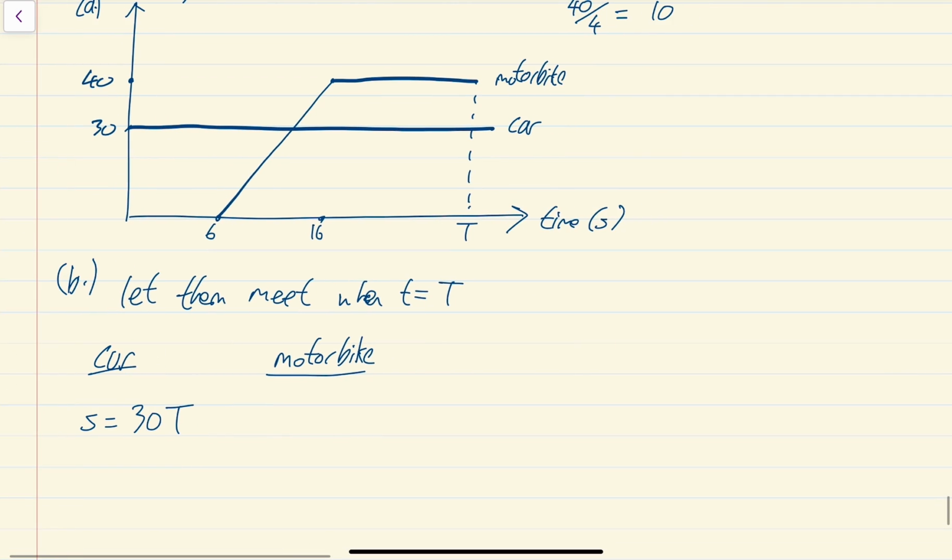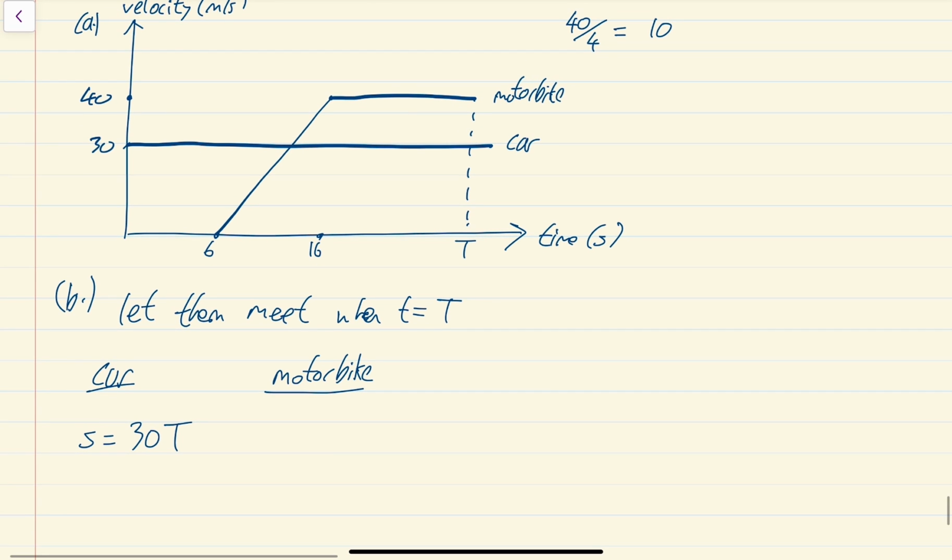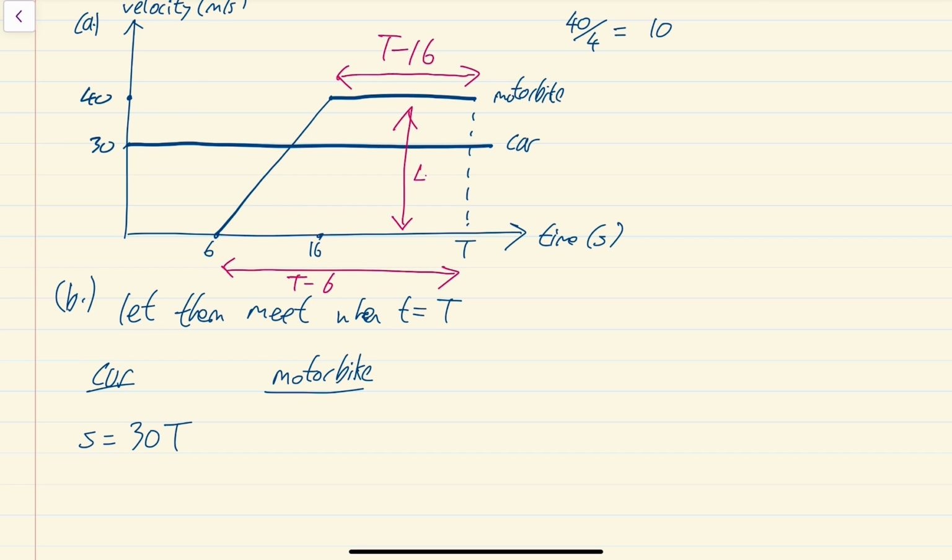For the motorbike, okay, let's work out a few wee things in our diagram. First of all, this wee length here, this horizontal, is t minus 16. And this horizontal here would be t minus 6. And we've got the vertical height of it as well, which is going to be 40.